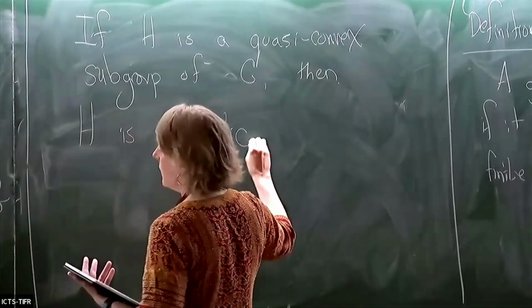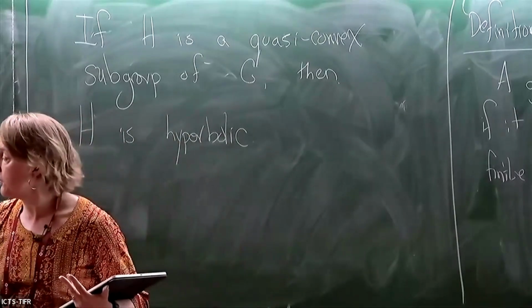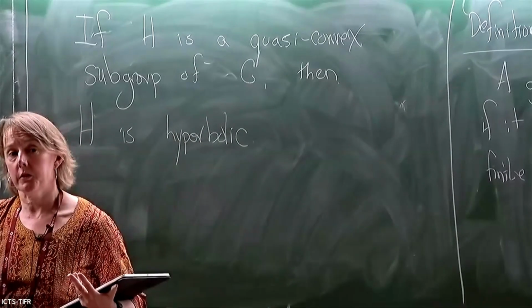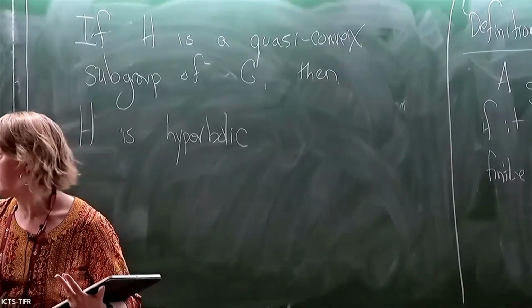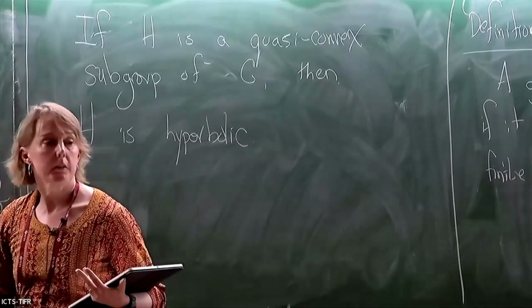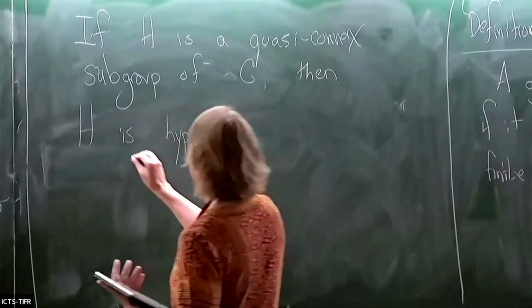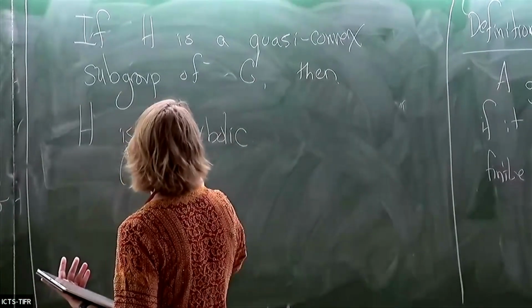That's because you can look at the convex hull of this group and it'll act geometrically on that. And that'll quasi-isometrically embed into G. So H acts geometrically on its convex hull.